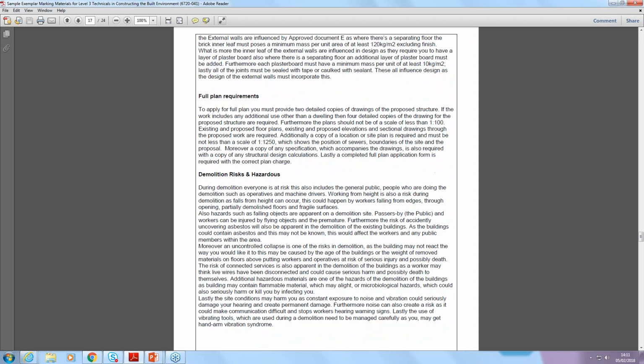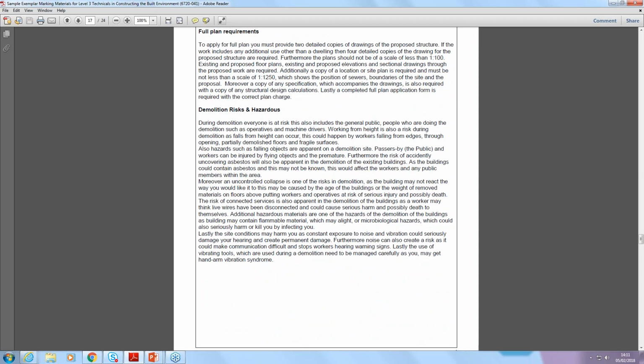Another good example of that is in the section on demolition risks and hazards. If we look at the bit at the bottom where it says, "Furthermore, the risk of accidentally uncovering asbestos will also be apparent in the demolition of the existing buildings, as the buildings could contain asbestos and this may not be known. This would affect the workers and any public members within the area." Well, how would it affect them?